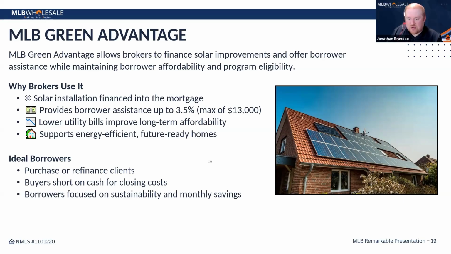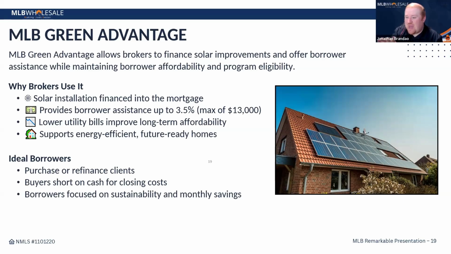There was a question about the DTI for the Green Advantage. We're jumping between two programs here today. For the Green Advantage, we would follow traditional AUS findings, and that program also needs Approve/Eligible findings in order for us to proceed.